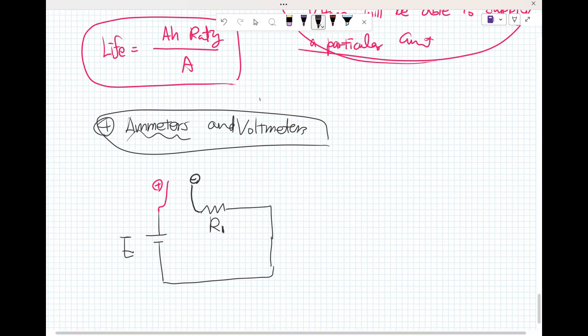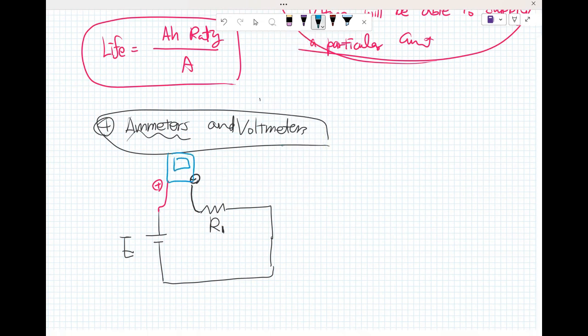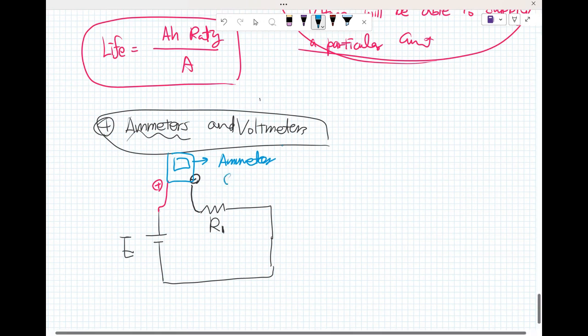Then the DMM works as an ammeter to measure the current, because the current flows plus to minus like this. This is why it is very important.